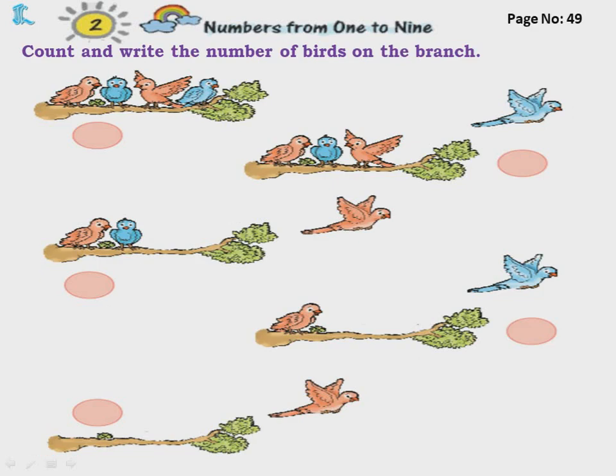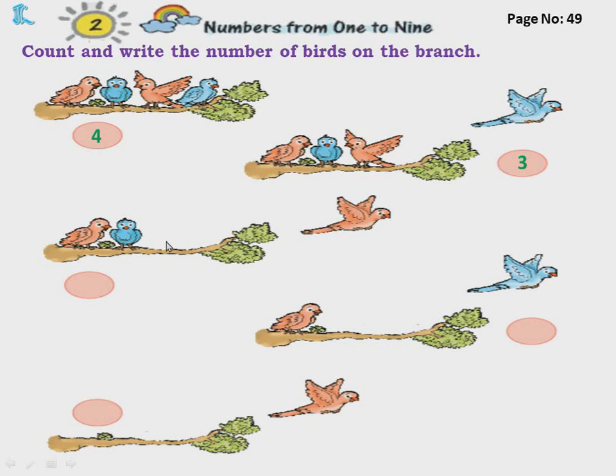Now next, page number 49. Count and write the number of birds on the branch. How many birds are there on the branch? You have to count and write. So start. 1, 2, 3, 4. 4. Now what happened? 1 bird flew away. Then how many left? 1, 2, 3. Very good.